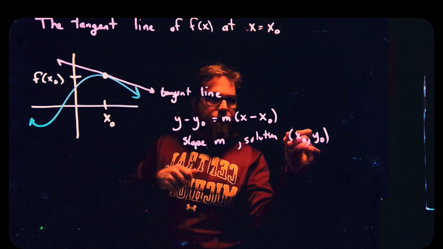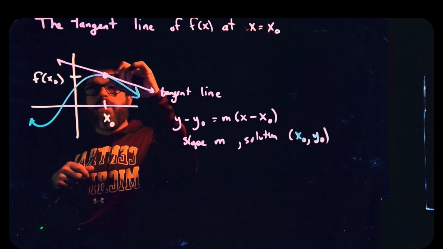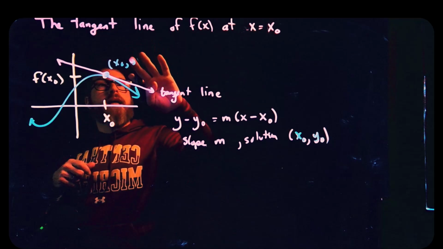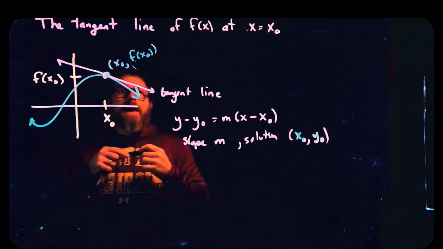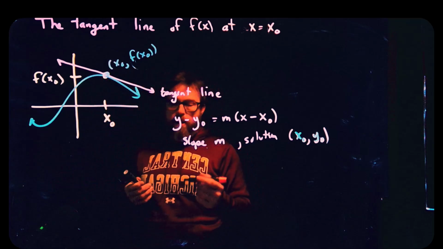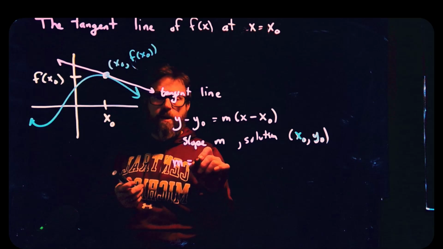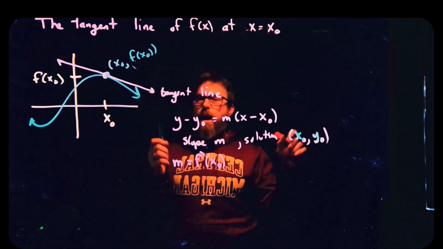When I'm talking about the solution point, it's just a point on the curve. So this point right here is your x naught comma y naught, or your x naught comma f of x naught. And remember, the slope is nothing more than the derivative. So m is going to be equal to f prime of x naught.